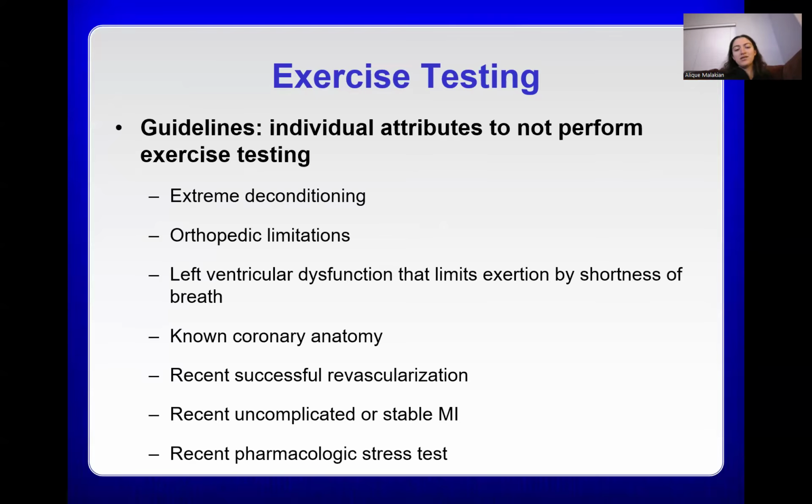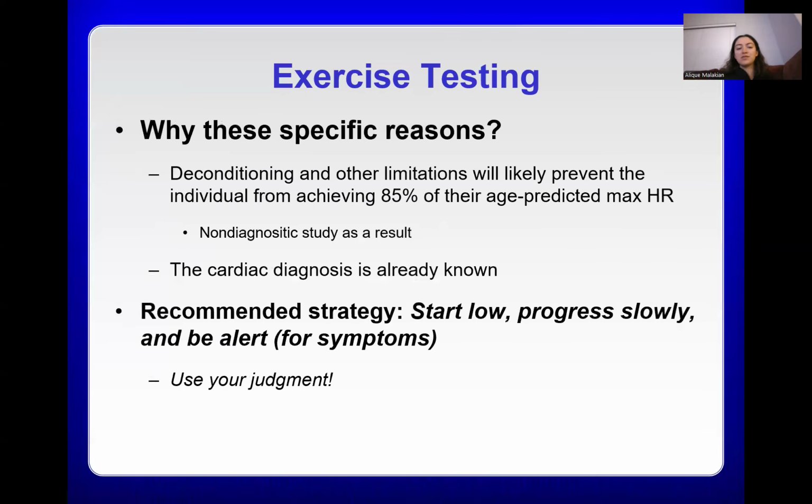Now, why these specific reasons? Well, deconditioning and the other limitations listed there will likely prevent the individual from achieving 85% of their age predicted max heart rate. For these tests, you have to reach a certain point, right? Even if it's not a max test, you should still reach the submax bar that's listed for it.